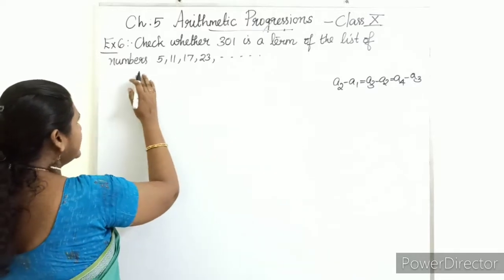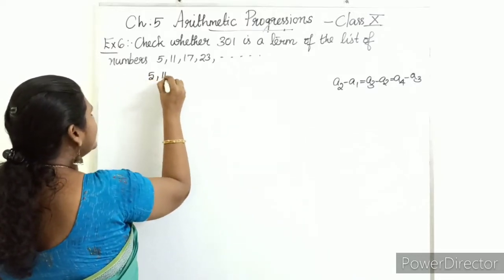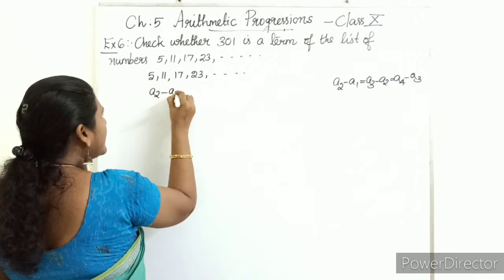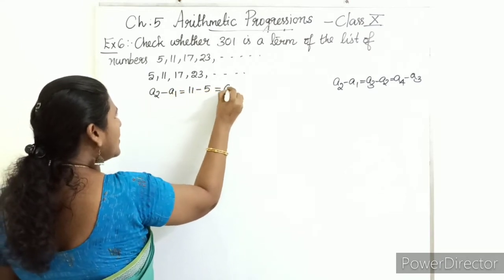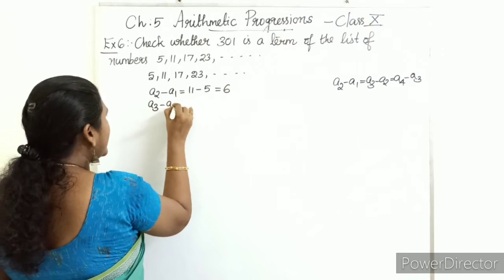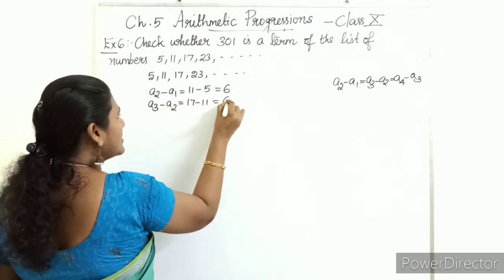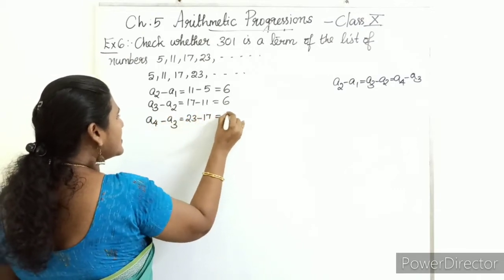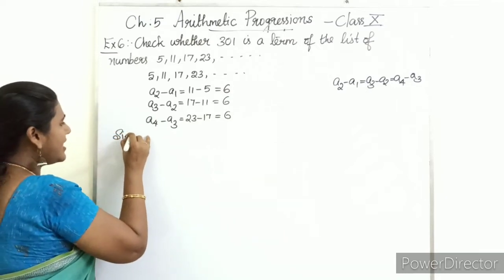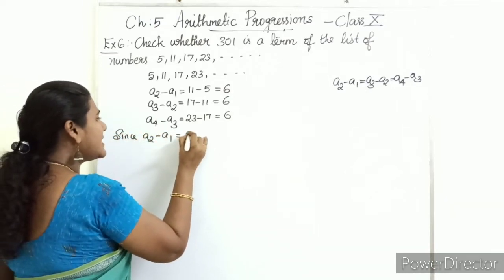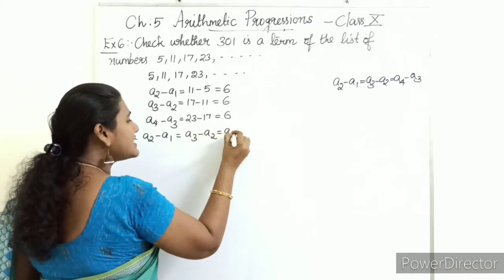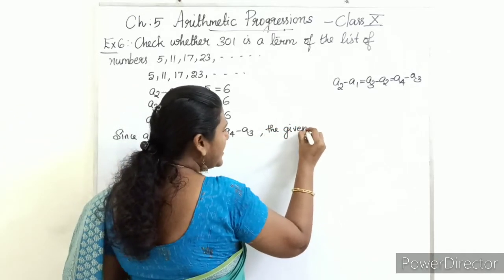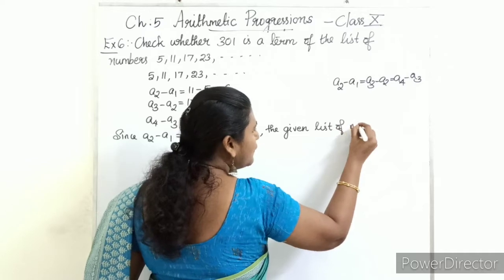The list is 5, 11, 17, 23, etc. a2 minus a1 is 11 minus 5, which is 6. a3 minus a2 is 17 minus 11, which is 6. a4 minus a3 is 23 minus 17, which is 6. Since a2 minus a1, a3 minus a2 and a4 minus a3 are equal, the given list of numbers forms an AP.